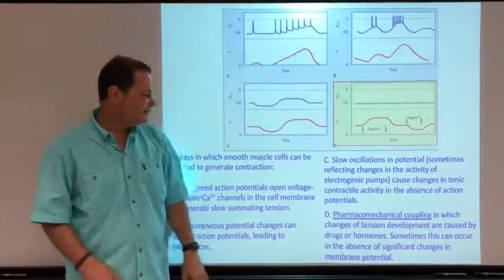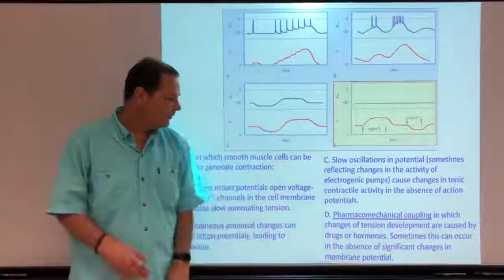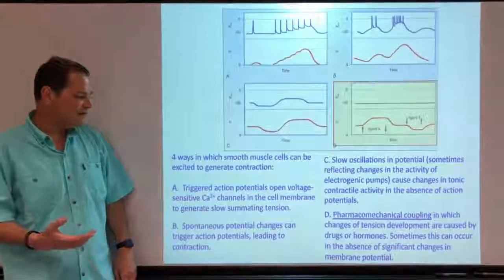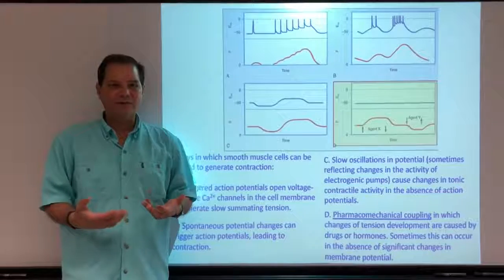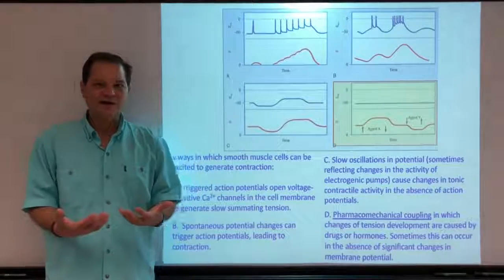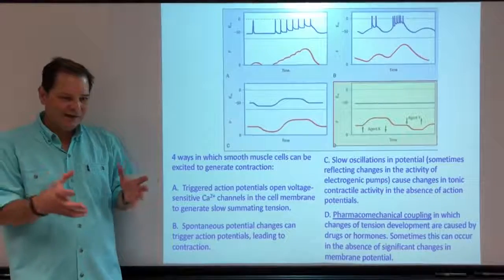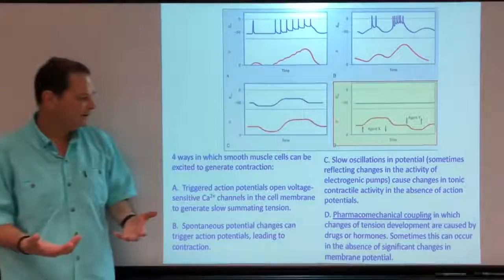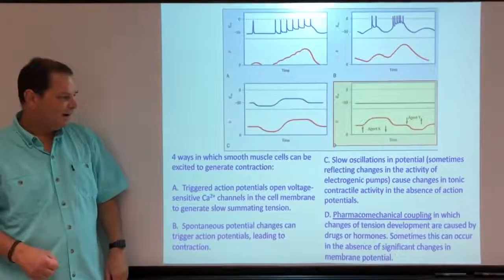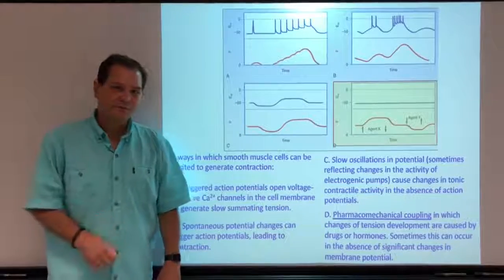And this is typically true of pharmacomechanical coupling, where the changes in tension development occur because second messengers are generated in the cell, and those second messengers have an effect upon the myofilaments in such a way that you get a contraction independent of any changes in voltage across the membrane. Okay, and this is particularly true of your autonomic responses, which we're going to go through right now.